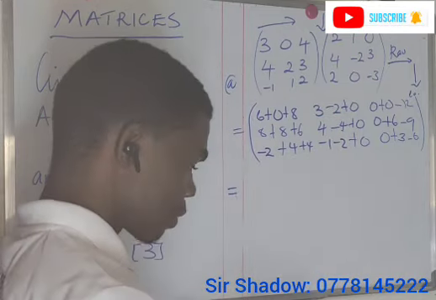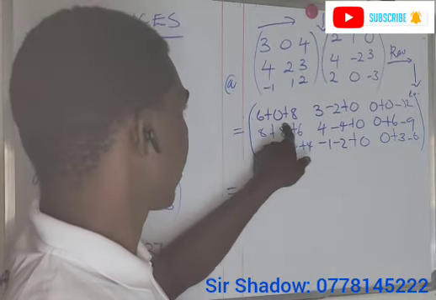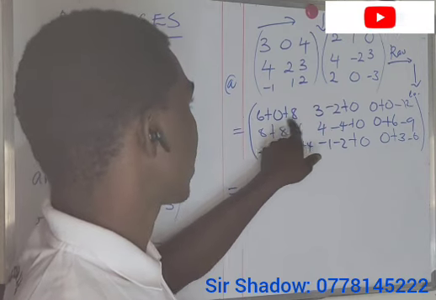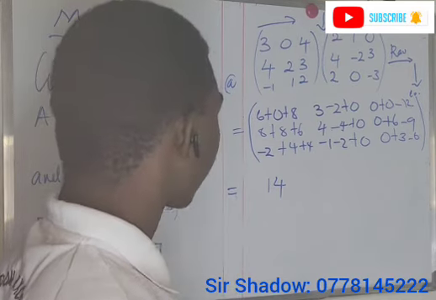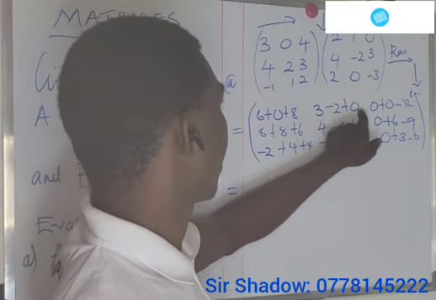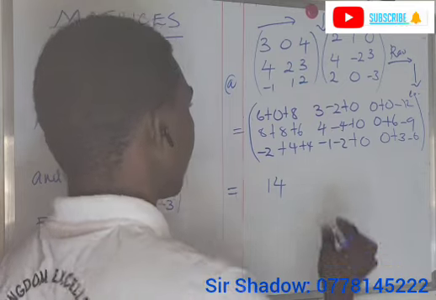This is equal to, let's now simplify. 6 plus 0 plus 8 becomes 14. Then 3 minus 2 plus 0: 3 minus 2 is 1, and 1 plus 0 becomes 1.